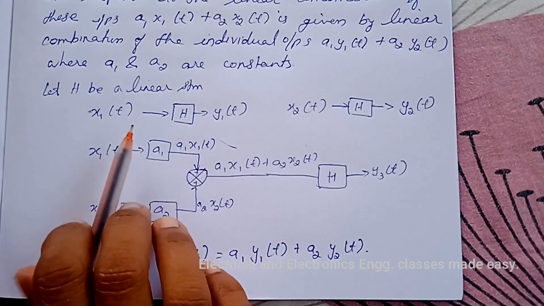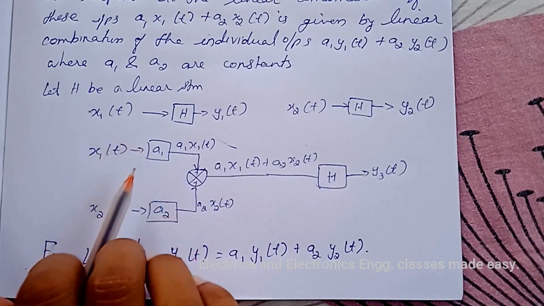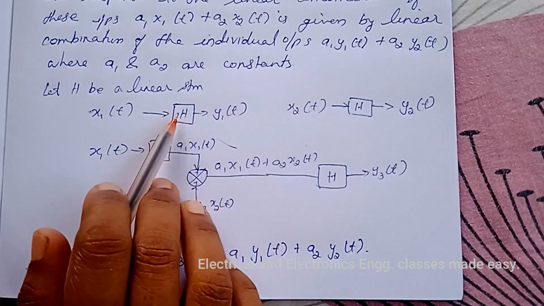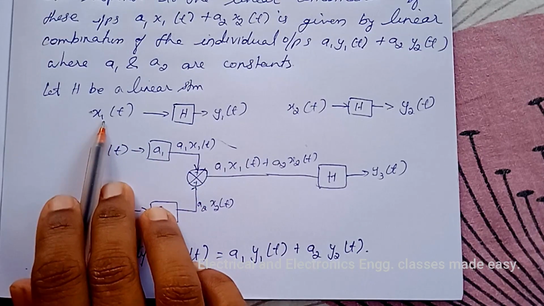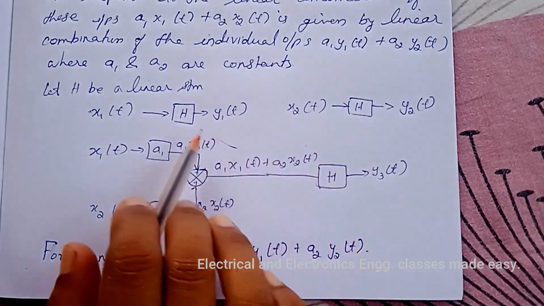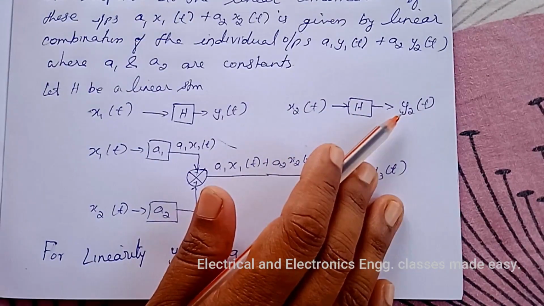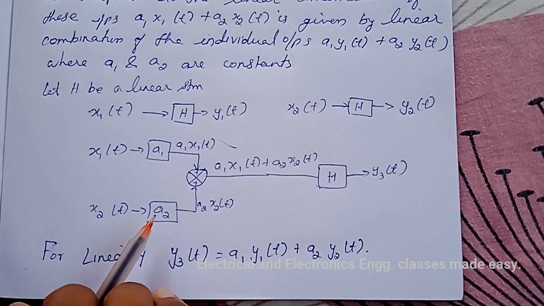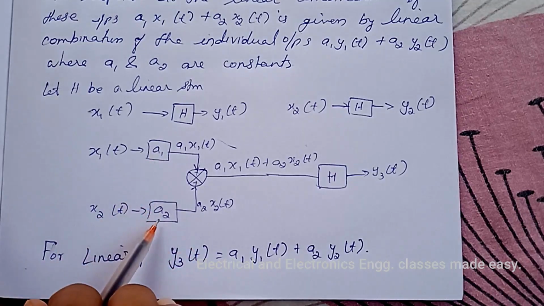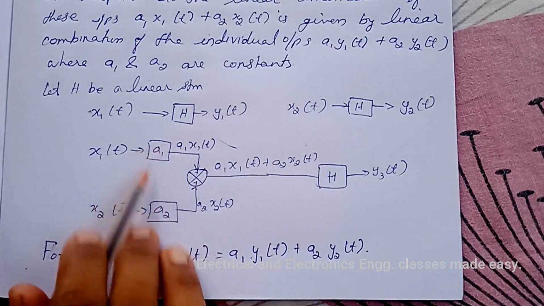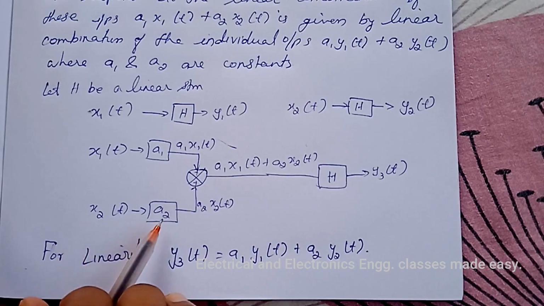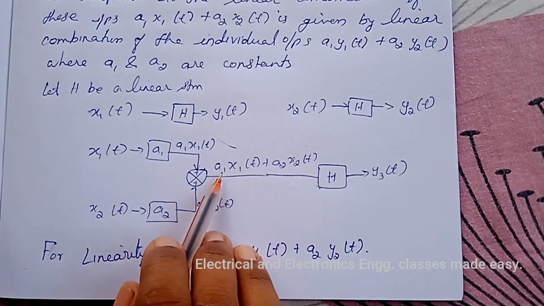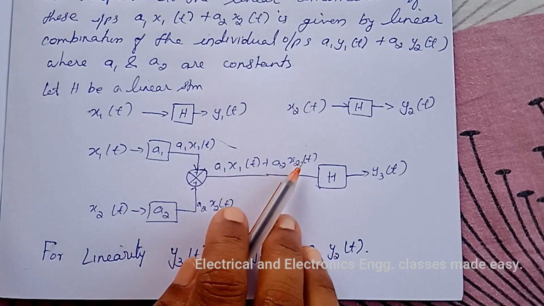The principle of superposition can be explained diagrammatically as shown. Let H be a linear system. Here x1 of t and x2 of t are the inputs and y1 of t and y2 of t are the outputs. This is the linear combination of the inputs with the constants a1 and a2, that is, a1 x1 of t plus a2 x2 of t.